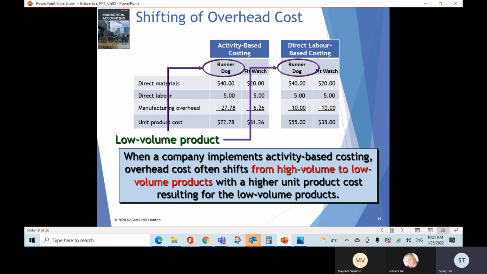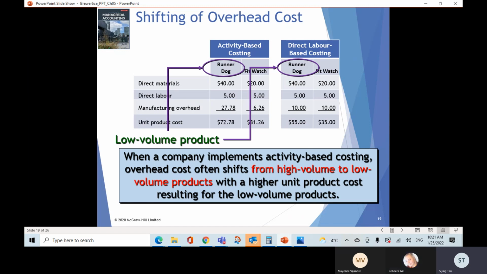This results from the existence of batch level and product level costs. For example, considering the production order activity cost pool, the traditional system assigned the same amount of all overhead costs, including the costs related to the production orders, to each run a dog and feed watch, right? It's $10 per unit.